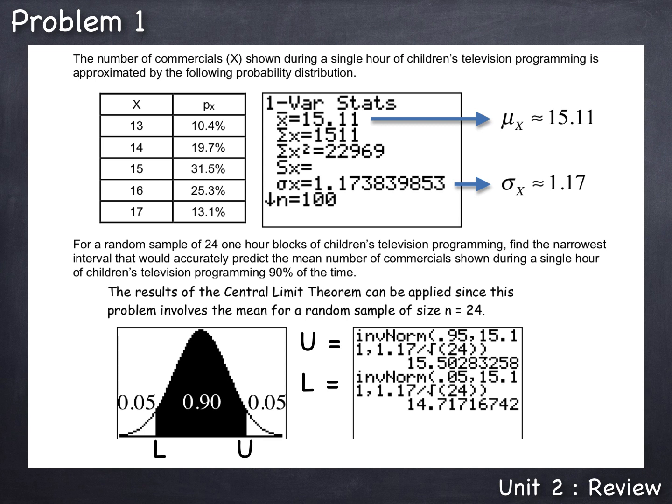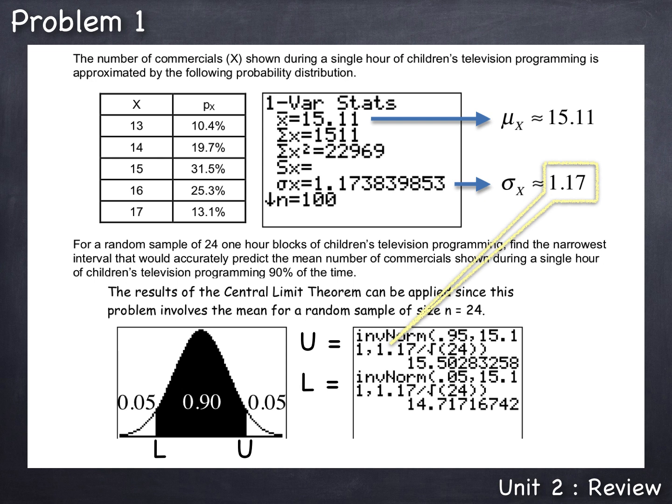So for the second number after the comma in the inverse norm command, we enter the mean of 15.11. Then you press comma, and the third number is the standard deviation. Looking at our calculator screen, we see that the population standard deviation sigma is equal to 1.17.